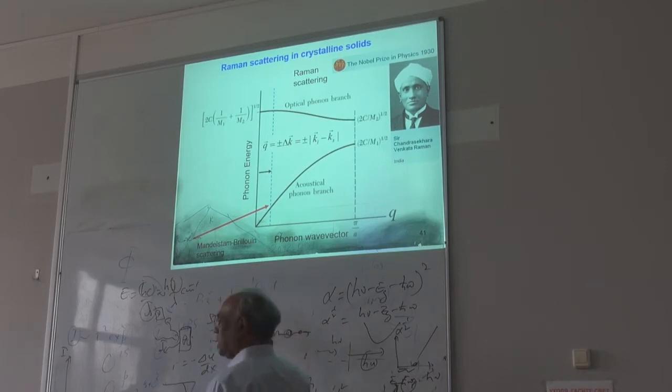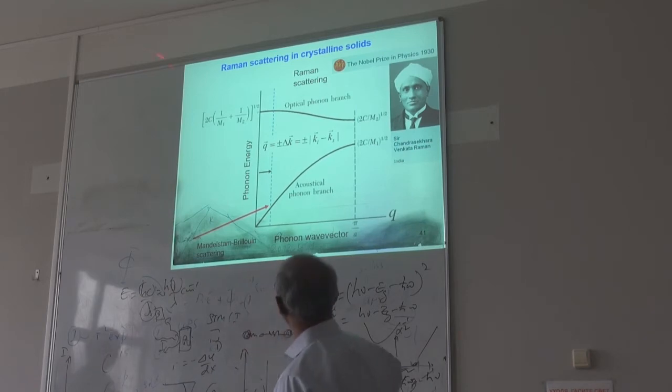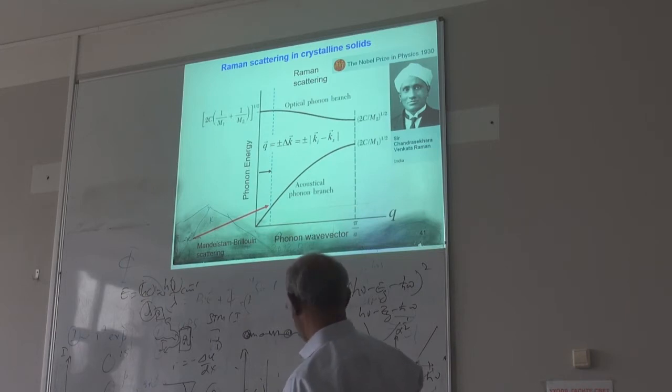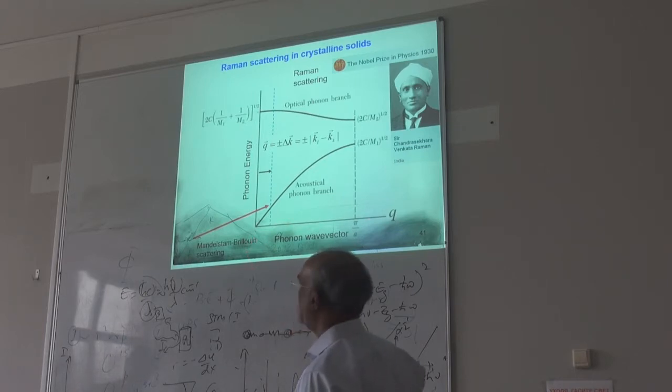If you solve the normal modes, you can generate this. So this is what you are looking at, the optical branch from the Raman. We are only looking at the zero Q vector Raman features.